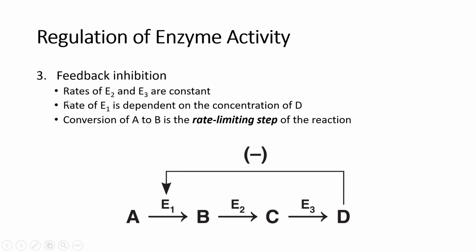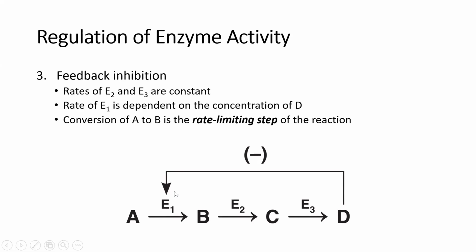Another example of feedback inhibition here is that we have product D influencing the rate of enzyme 1. In this example, enzyme 1 is the rate limiting reaction, or the conversion from A to B is the rate limiting or regulatory step. If there's a lot of product D being created, that would decrease the activity of enzyme 1.